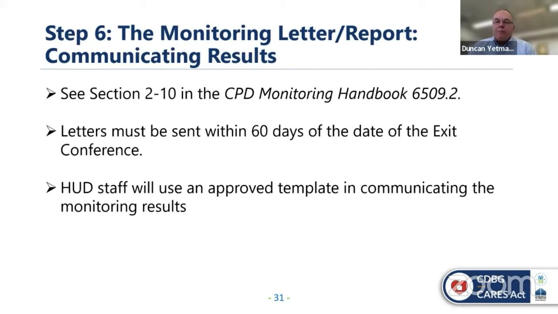But if this is a major component of your CDBG-CV program and HUD is monitoring it, and you've only made 2 loans, HUD's probably going to look at both loans. We're not going to look at one and skip the other. We'll probably look at both of them, especially because it's a major component of your CDBG-CV program.